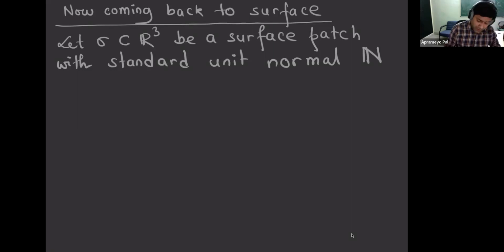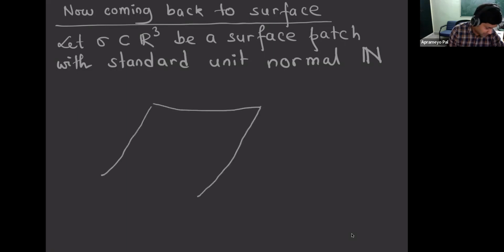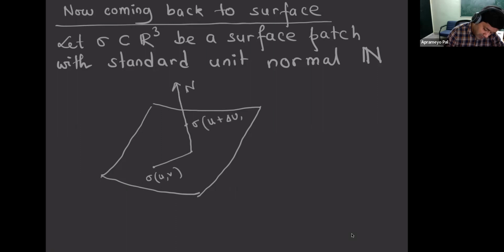Again here I would try to consider a similar example as the curve. Let me try to draw some surface here. Forgive me for my bad painting. So here let's say this is sigma(u,v). This is n. Let's say this is sigma(u + delta u, v + delta v).